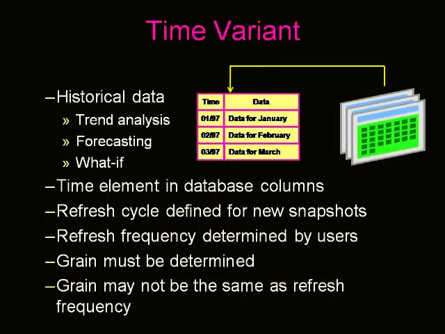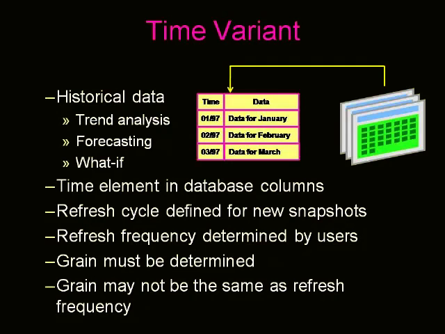Since most transactions involve the latest data, this historical data basically helps to do trend analysis or to forecast results, or you can answer any kind of question. These are called what if questions, what if analysis. Time element is part of the database column here, in the sense that normally the data is stored with respect to time.